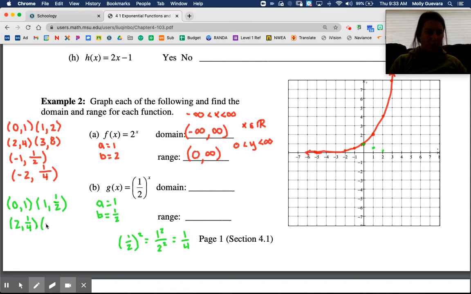So let's go the opposite way now. -1 comma, it's 1 over 1/2, right, at -1. So watch what happens when I write it the other way. 1 divided by 1/2.